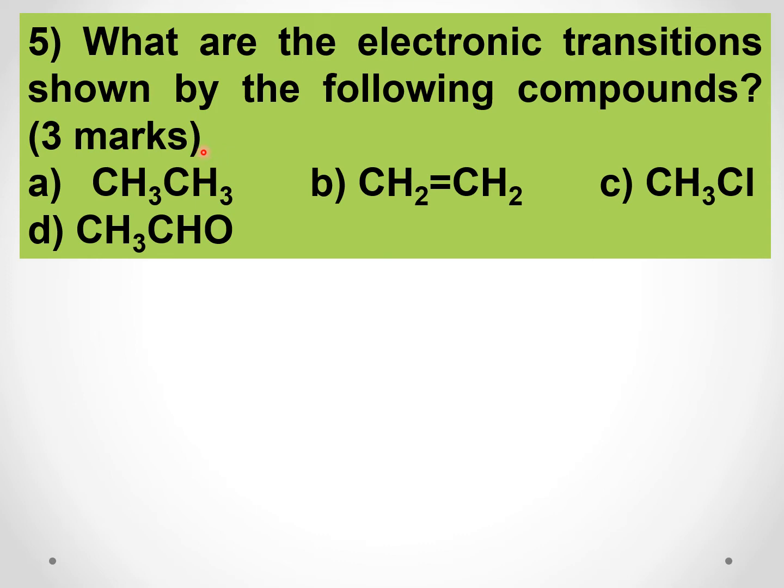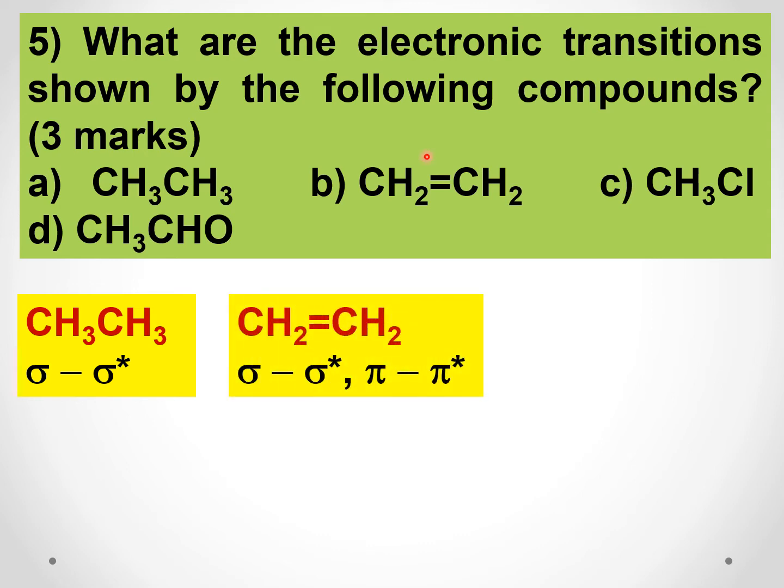Ethane shows sigma to sigma star transition, only that. Then ethene. There are sigma bonds and pi bonds also, so it will show sigma to sigma star and pi to pi star transitions.